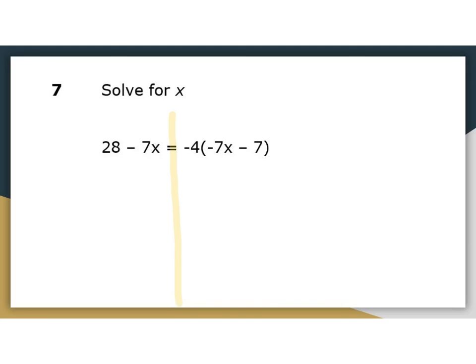So our first step here is going to leave the left side alone for the time being. Leave it with 28 minus 7x. But we're going to set it equal to negative 4 times negative 7x, which is a positive 28x. And then negative 4 times negative 7 is a positive 28.